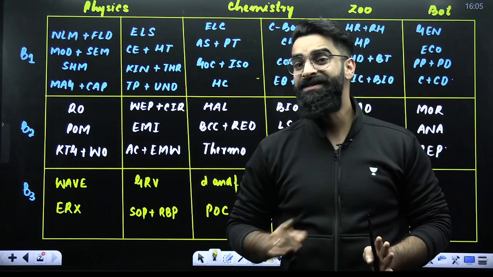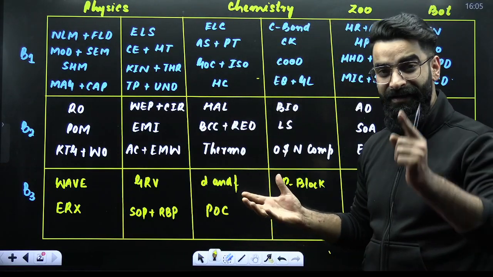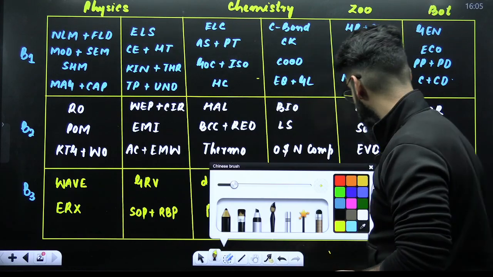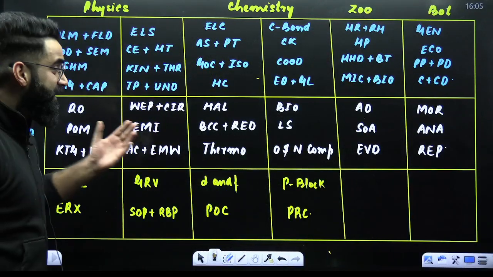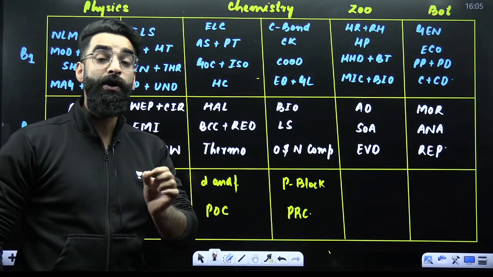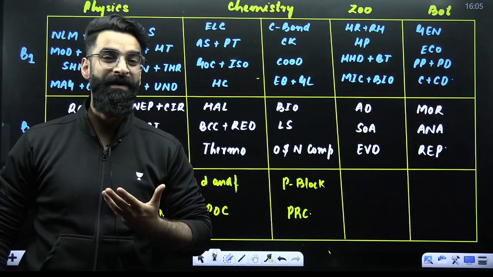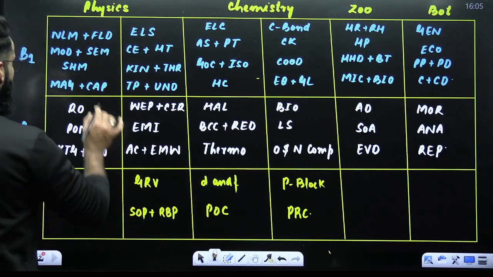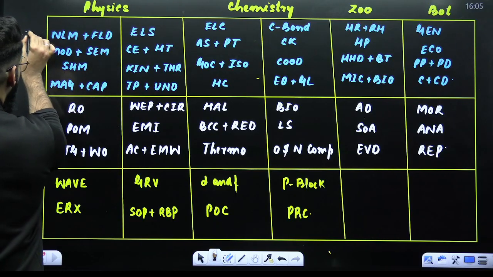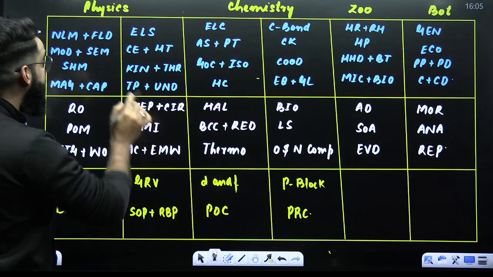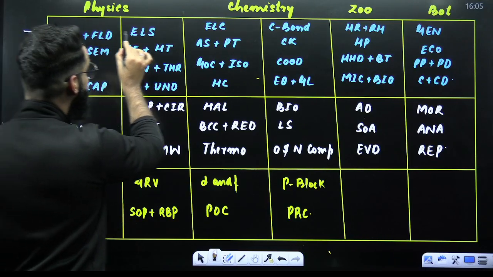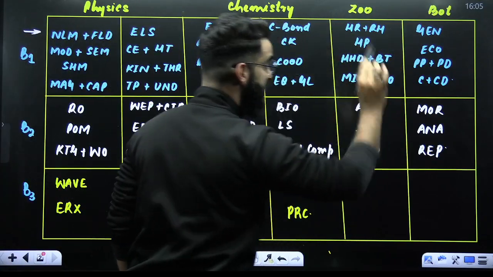And what are these blocks exactly? Let's try to understand. See guys, first of all, this block strategy you are going to follow row-wise. What is meant by that? My dear students, for example, you're starting with row 1. So first of all, your priority should be to complete the chapters present in row 1.